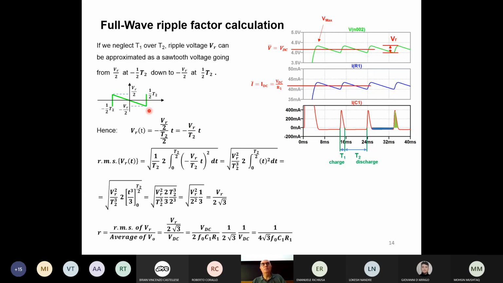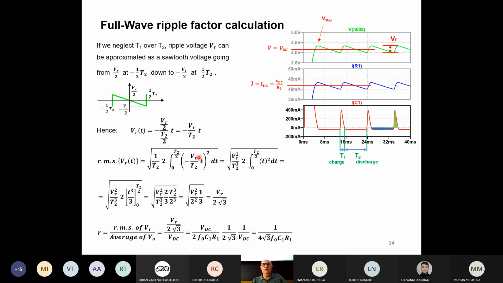Now, we have to calculate the root mean square. As I told you, we'll take the square root of the average across the time T2, so 1 over T2, of 2 times the integral calculated between 0 and half of T2 of the square of this voltage. Okay? So, we have a look here, and we take out everything that we can.